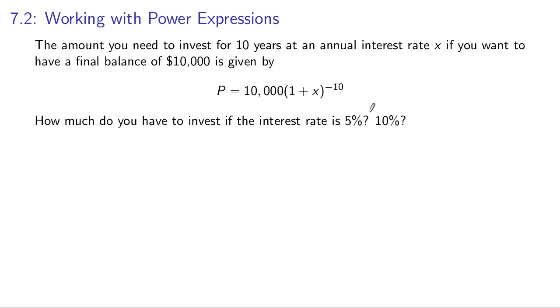The amount you need to invest for 10 years at an annual interest rate X if you want to have a final balance of $10,000 is given by this equation. How much would we have to invest to get to the 10,000 in 10 years if the rate is 5%? So P is 10,000. In this case, our 1 plus our rate's 1.05 to the negative 10th.